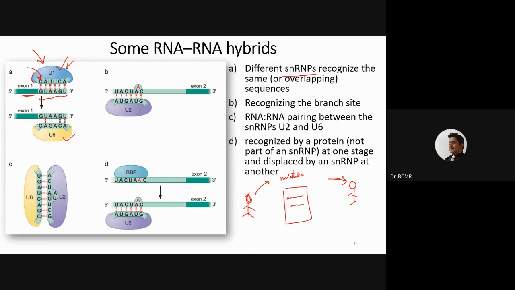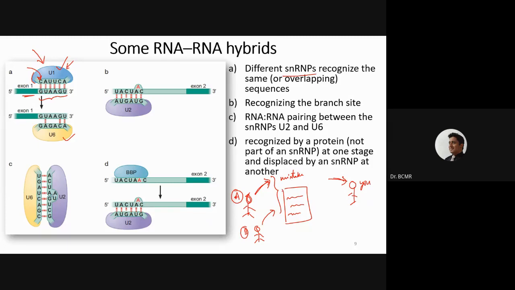But first, person A has read and left, and then another person comes and reads the same thing. If these two match, then you would believe the information on this paper is correct. It's almost the same way.